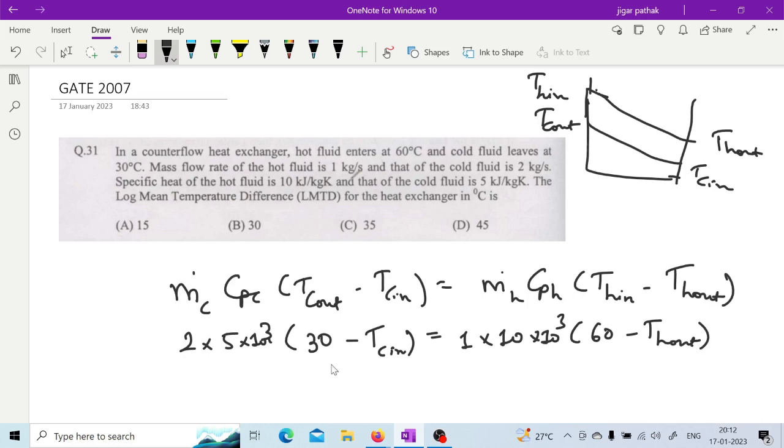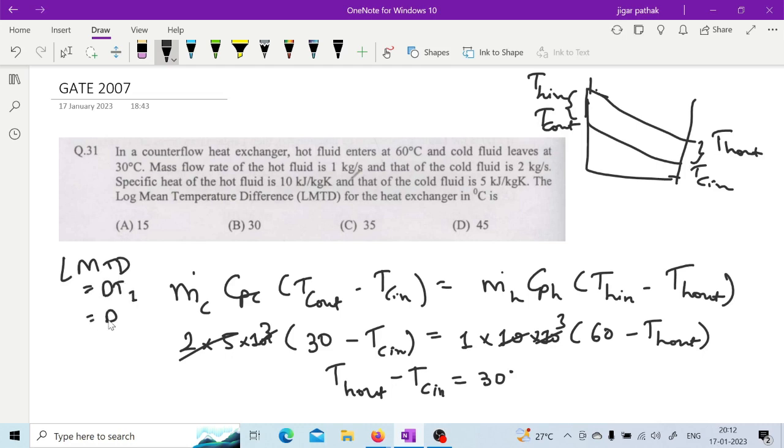If you rearrange this, 2 into 5, 10, this all will be cancelled anyway. So what you will get is TH out minus TC in is equal to 30 degree. So here both are same: at entrance and at exit delta T is same, so in that case delta Tm or LMTD is equal to delta T1 or delta T2, which is nothing but 30.